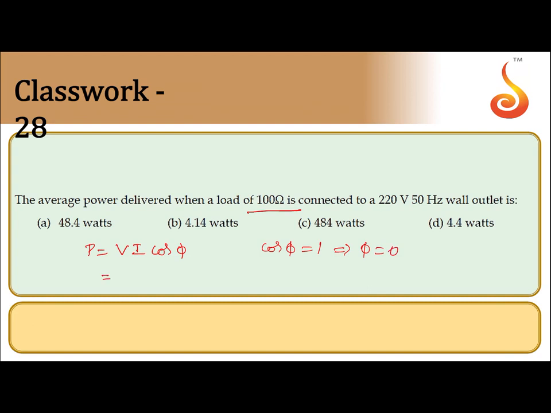Now here current is not given. So in pure resistive circuit, you can also write this as V square by R. So that is 220 into 220 divided by resistance is 100.